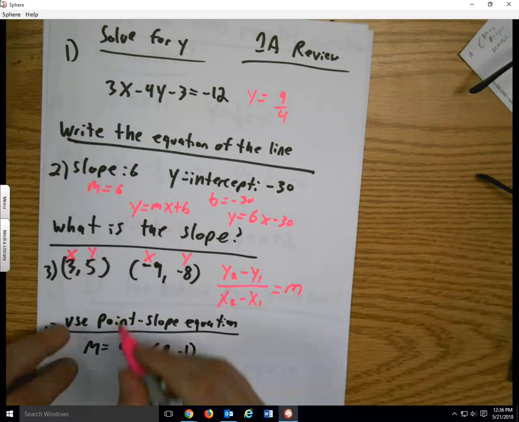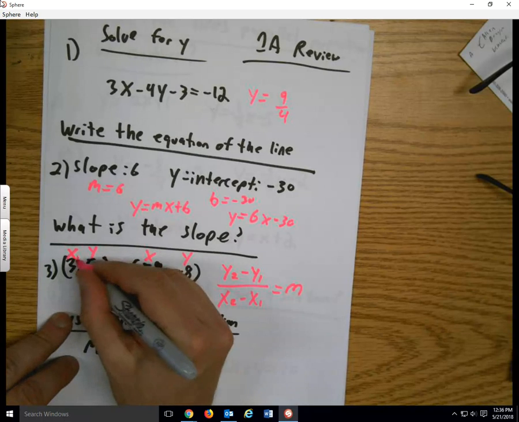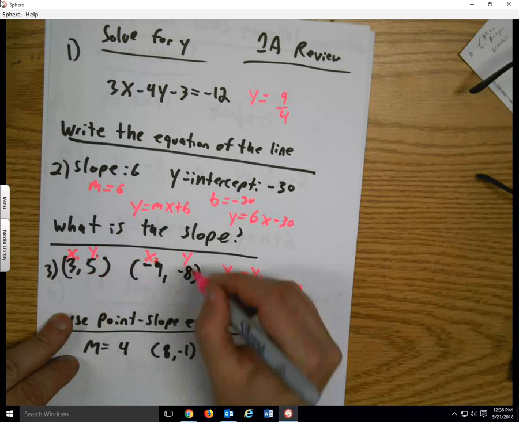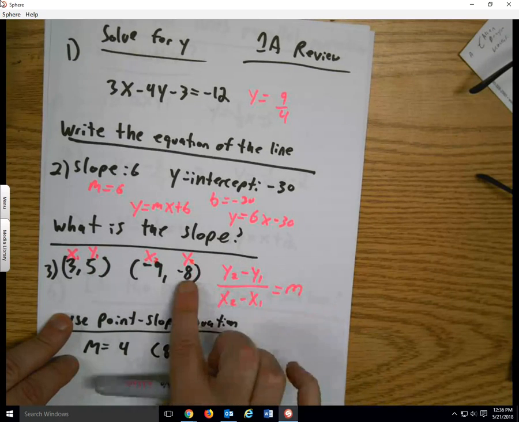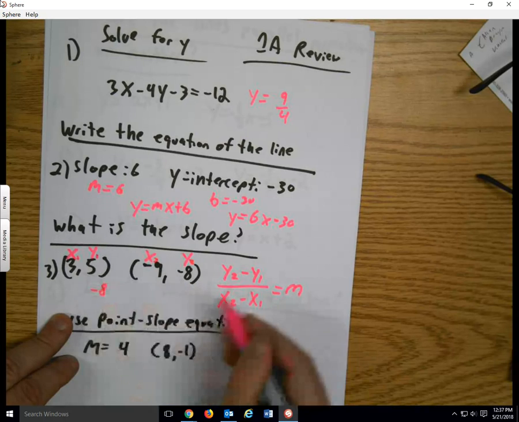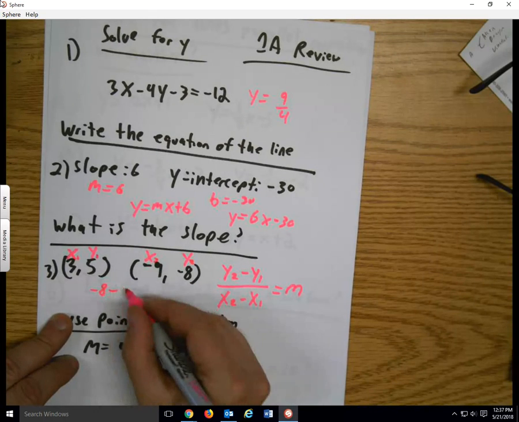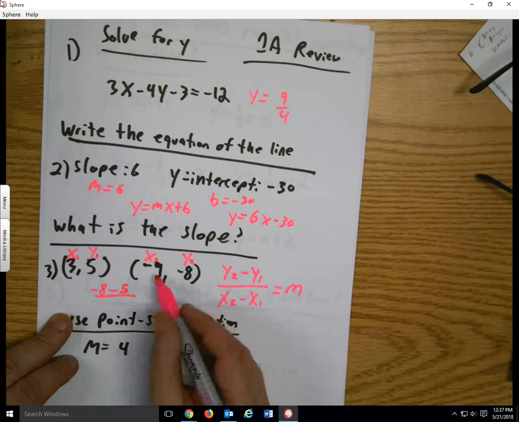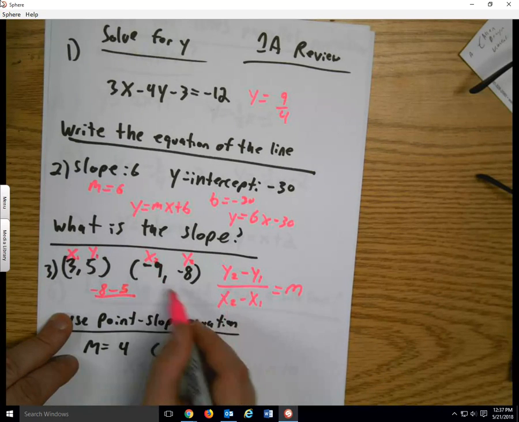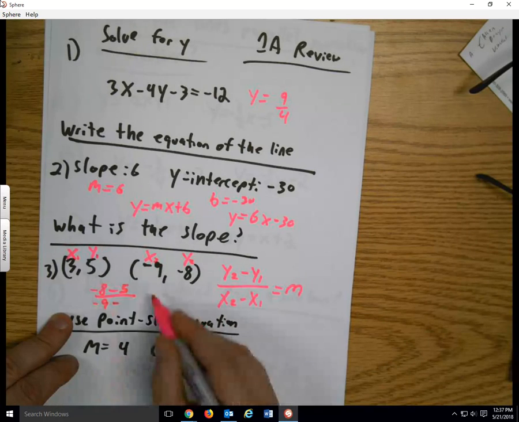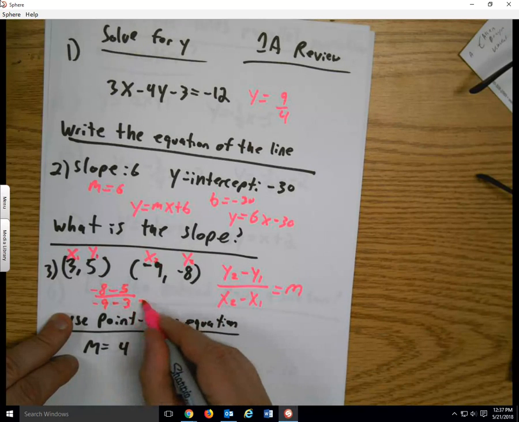So I like to go in order. I like to call this x1 and this x2. It's just like counting order. I like to call this y1 and this y2. So y2 is actually a -8 minus y1 is 5. Then x2 is a -9 minus x1 is a 3.